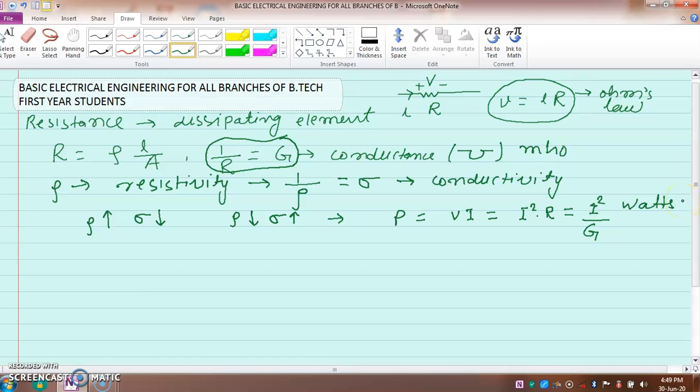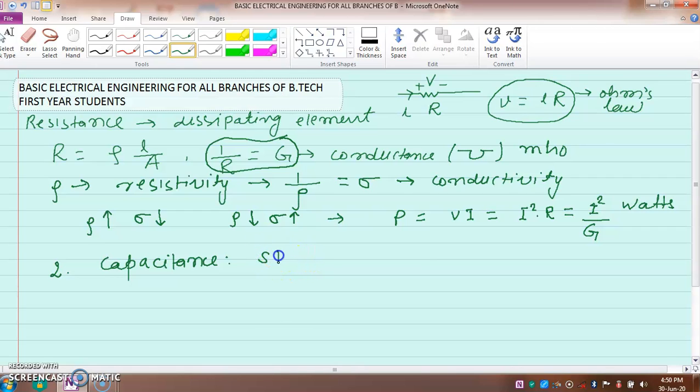Another element of this course is called capacitance. Capacitance is the second electrical circuit element, and its basic characteristic is to store charge.